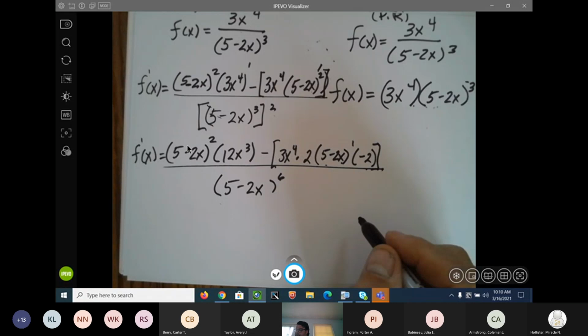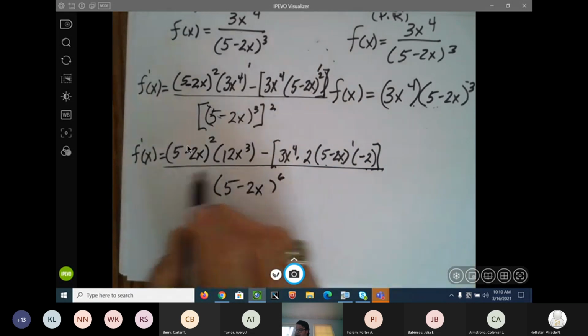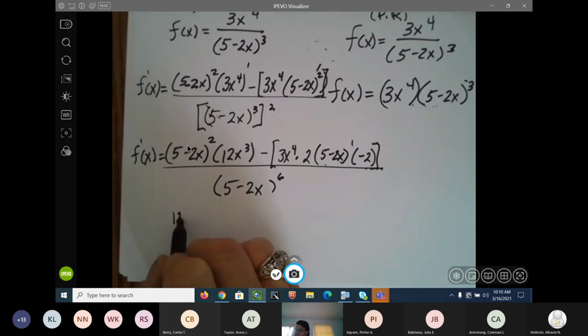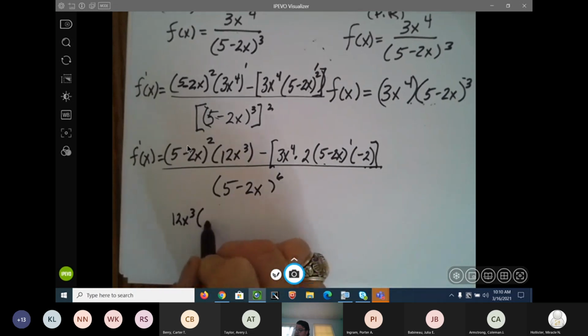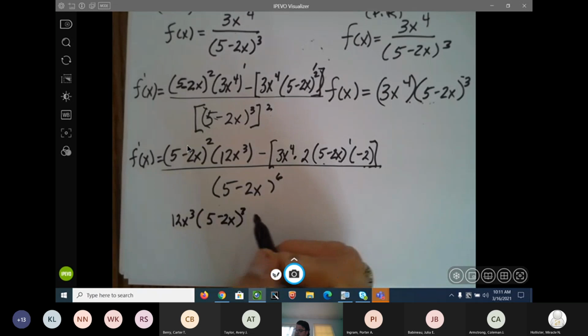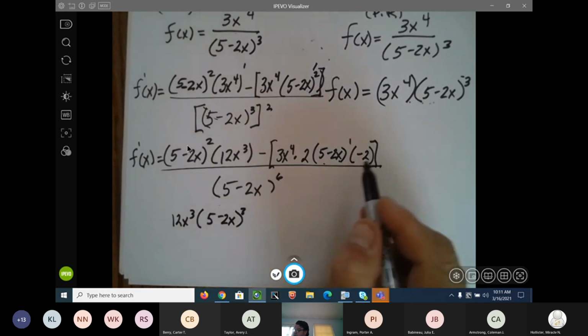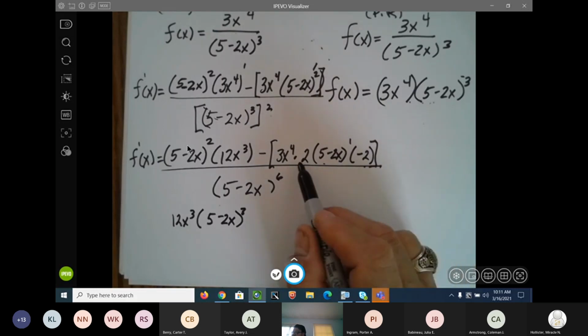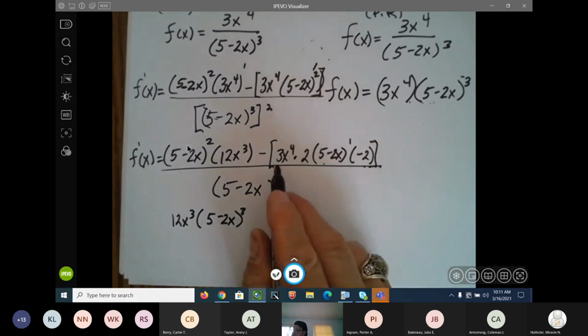Now, I'm just going to try to clean this up a little bit. 12x cubed times 5 minus 2x to the third power. This is not going to clean up. Let's see, that'd be 2, negative 4. That's going to be a negative 12.